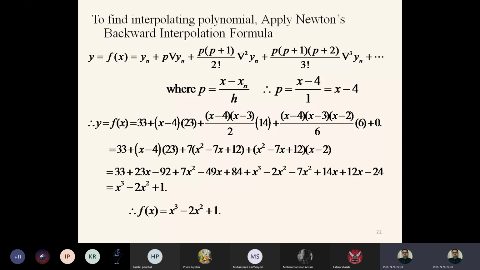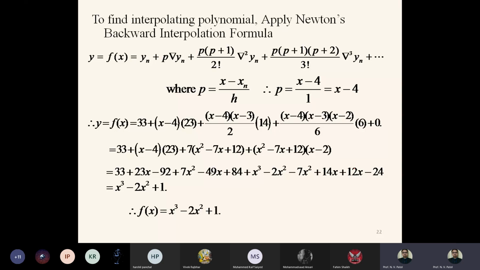So you can also construct your interpolating polynomial using Newton's backward interpolation. Just be careful in the calculation of p, that is x minus xn upon h. h is our step size, and xn is the nth value of tabular x, that is the last value of the x table, here it is 4. x is unknown, so x minus 4 upon 1, that is x minus 4.